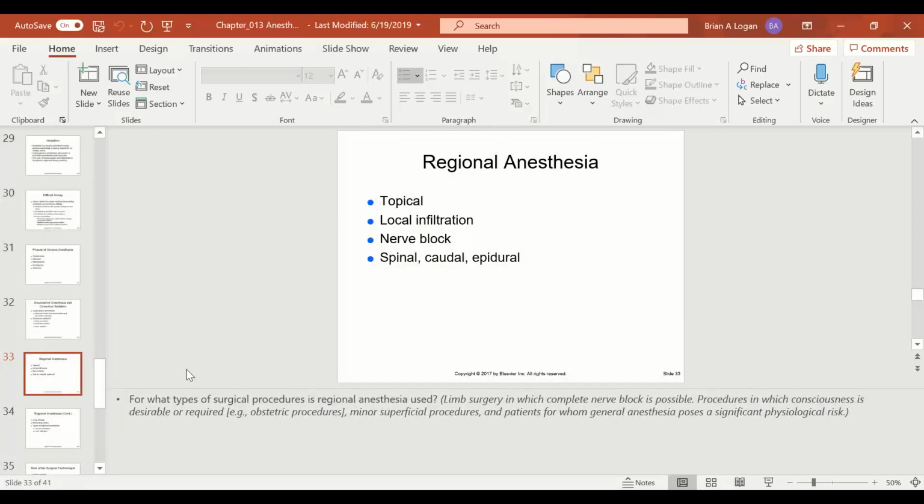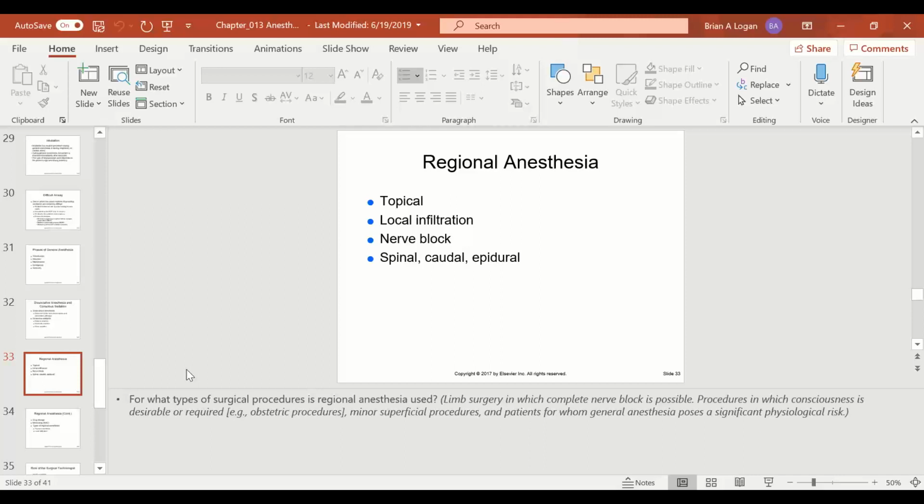Your regionals, right? Topical, your nerve blocks, spinal. Regional just means it's got to knock out an area or a region of the body. Like a topical, the best example is a lidocaine gel that they use in urology that numbs the inside of the urethra, so that you're not getting all that irritation with instruments going in and out, and the urethra having to be dilated.